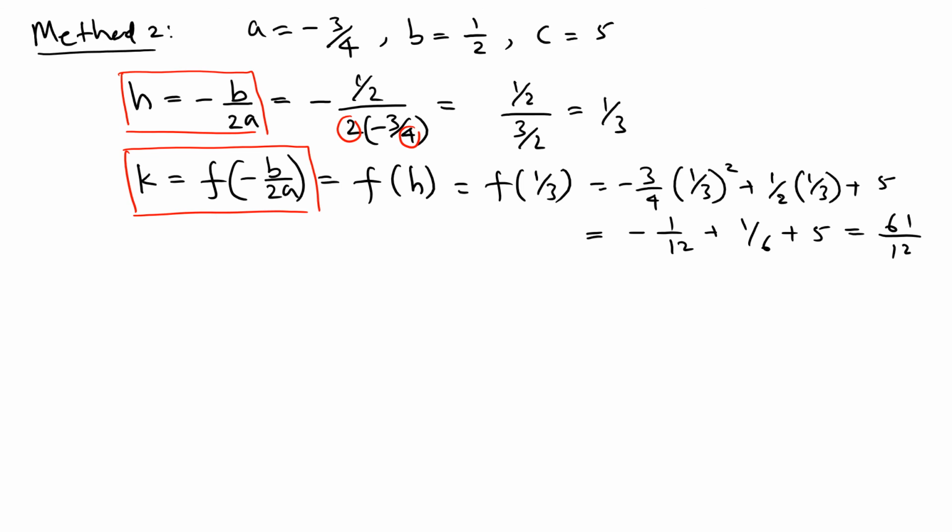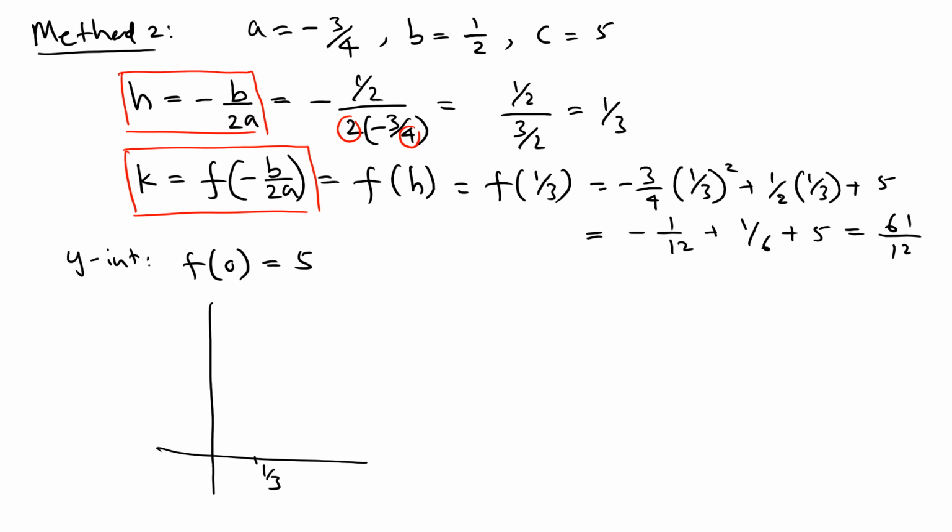Good. Now since we know the vertex and the axis of symmetry, it's also always easy to find the y-intercept. The y-intercept is simply f of 0. If you plug in 0, you get the constant term, that means 5. Using these facts, now we can simply graph the function. So what we have is the vertex at 1/3, 61/12.